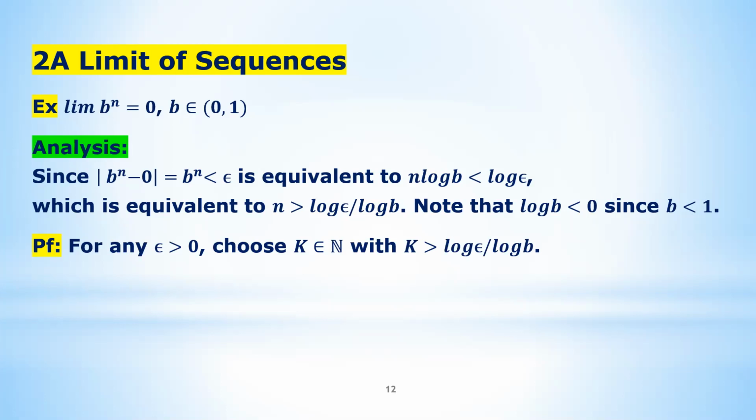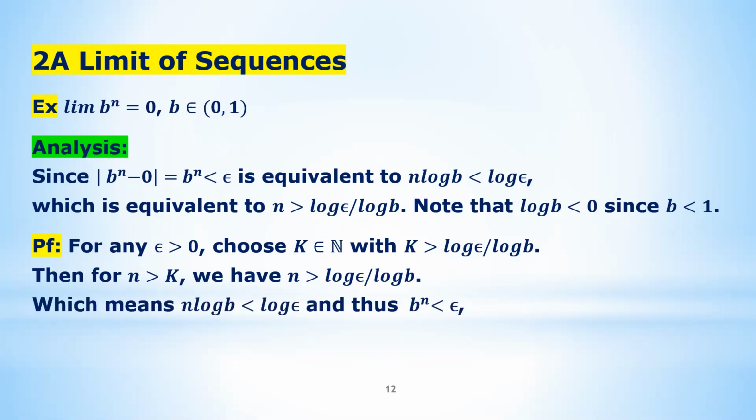So you can immediately begin writing the proof. For any epsilon greater than 0, you choose K greater than log epsilon over log b. And then for n greater than K, we have n greater than log epsilon over log b. Then from here, you go backwards. This implies n times log b is less than log epsilon.